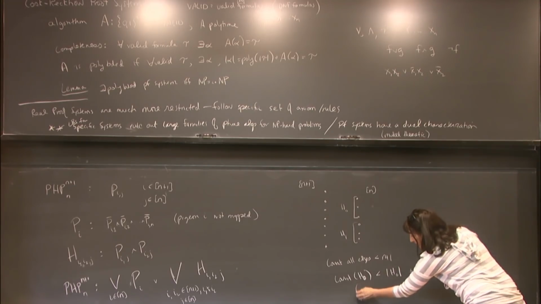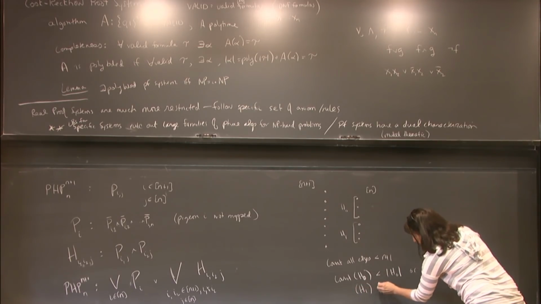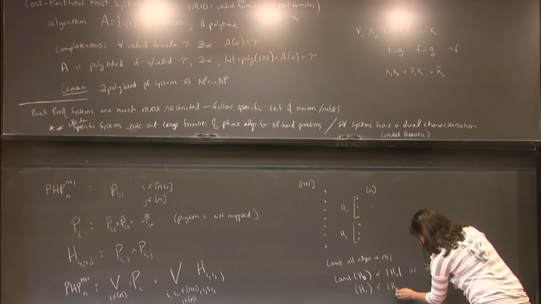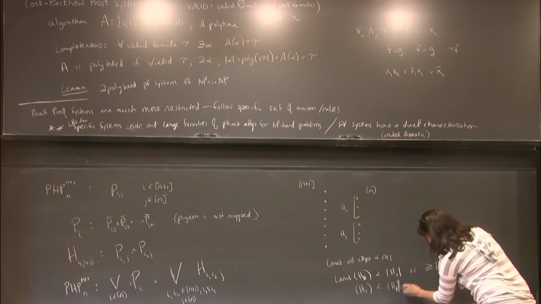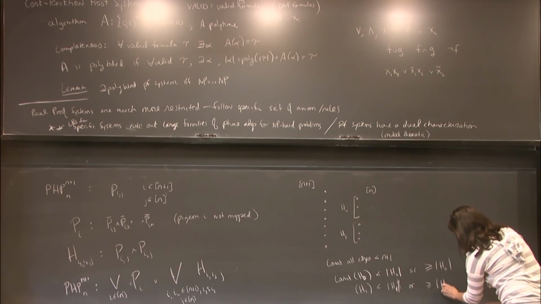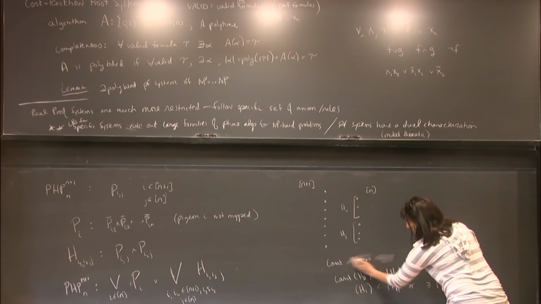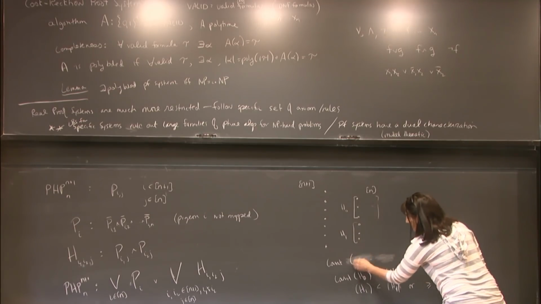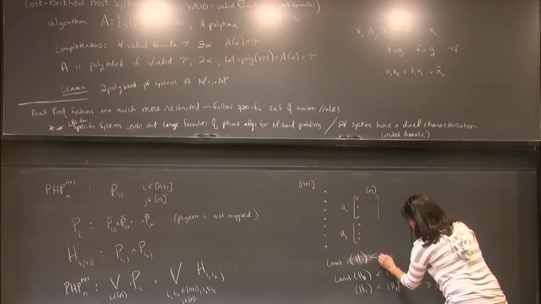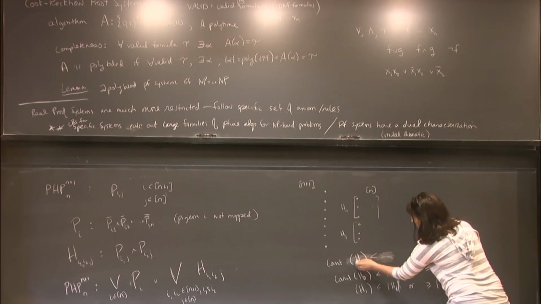And likewise, the count of h1 is either less than the size of h1 or bigger than or equal to the size of h1. And the count of all the edges is the count of h, the whole thing.